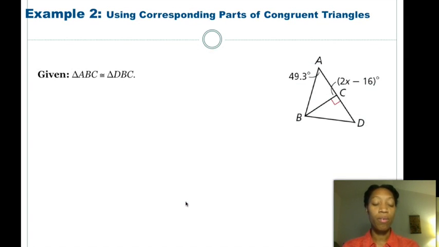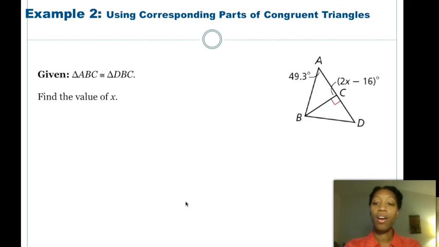Okay, so now that we can name these, there's two things that I want you to be able to do with these corresponding parts. And the first of them is to use corresponding parts to find missing information. So if we're given that triangle ABC is congruent to triangle DBC, let's see if we can find the value of x.